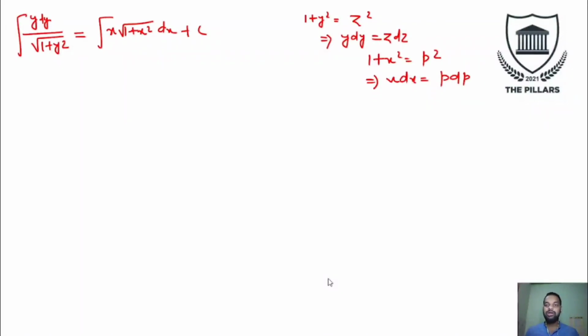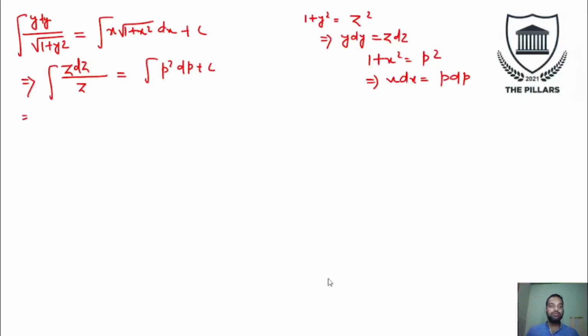Substituting all these things here, we will get integral of z dz divided by z is equal to integral of p dp times p, since x dx is p dp and under root 1 plus x square is p, so it will be p square dp plus c.